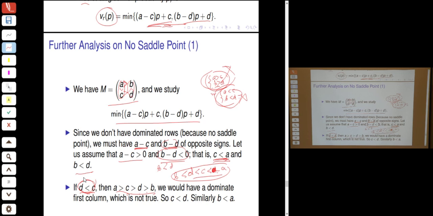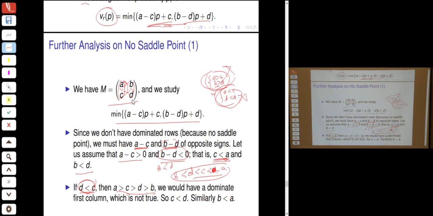because since you do not have saddle points, then by that equivalence theorem, that there is a saddle point if and only if there is a dominated row or a dominated column, means that in particular if there is no saddle point, there is no dominated column. But if under these circumstances D was smaller than C, then the first column would dominate the second column.